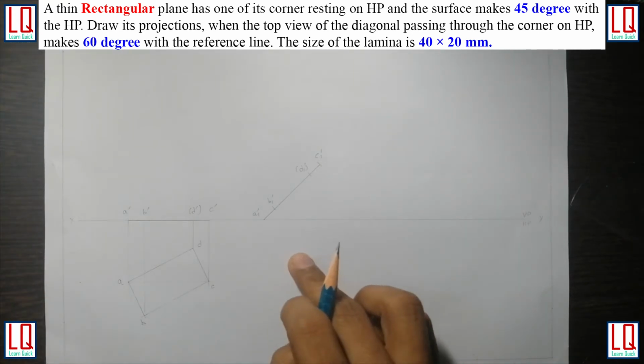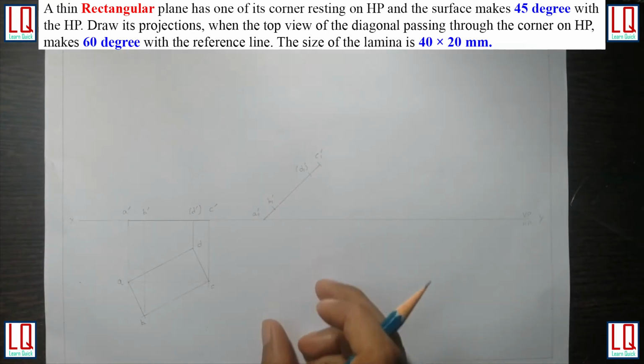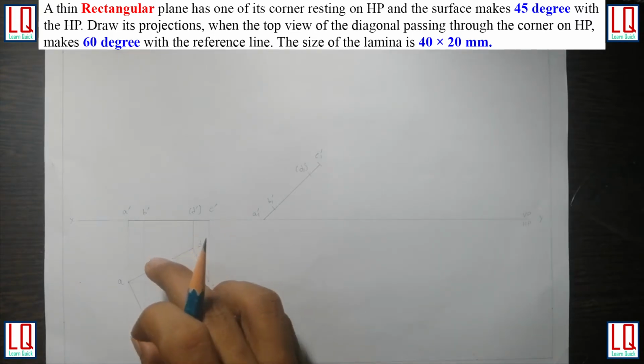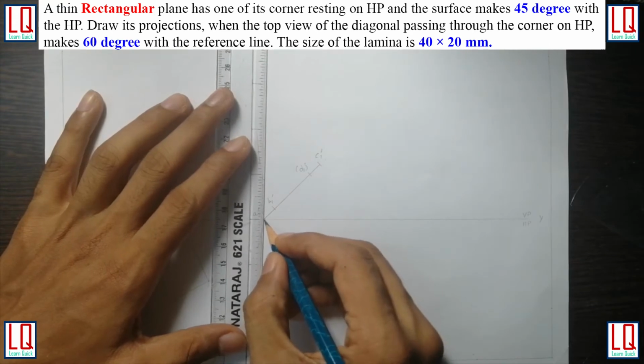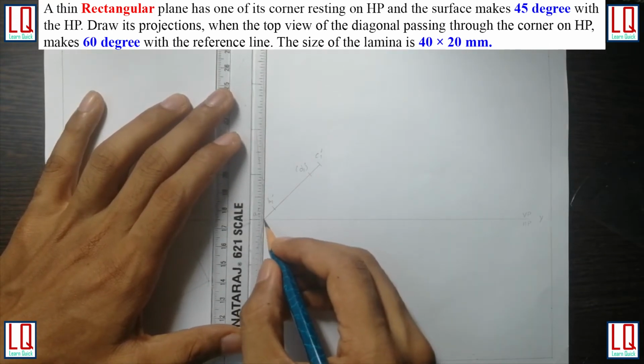Now to draw step 4, project all the corners from step 3 to step 4. Similarly, project all corners from step 1 to step 4. Use of an engineering drafter is recommended for this.